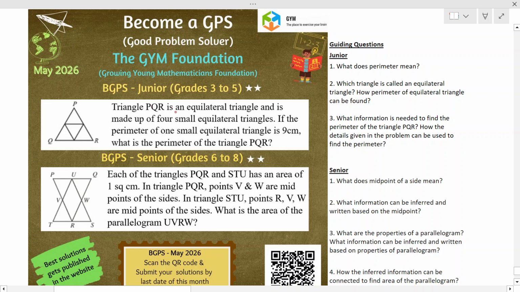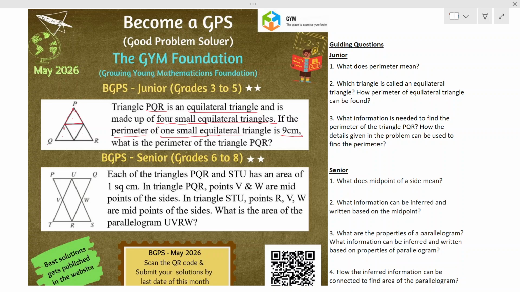The triangle PQR is an equilateral triangle and is made up of four small equilateral triangles. If the perimeter of one small equilateral triangle is 9 centimeters, what is the perimeter of the triangle PQR?